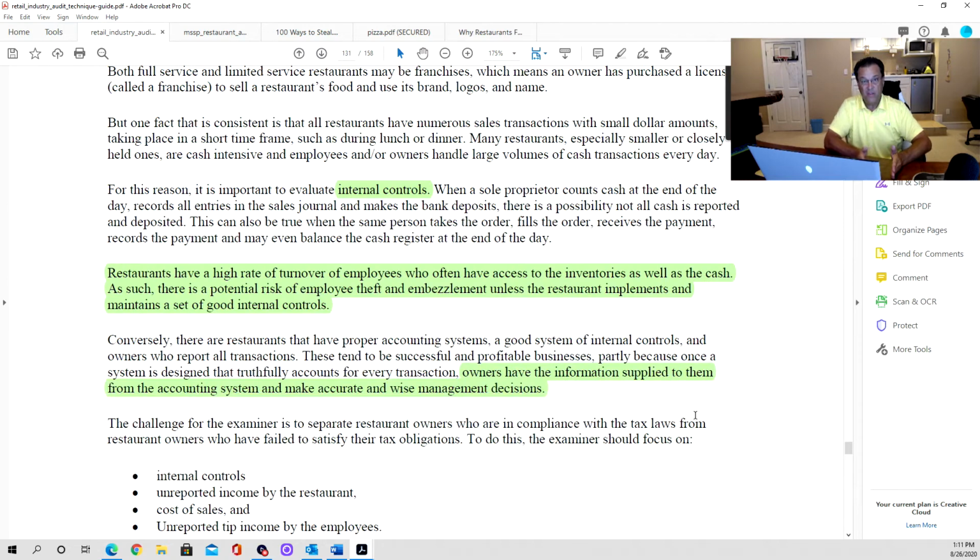So when you move into the independent world, in any retail restaurant, any brand out there, any small business that's a non-franchise, you move away from internal controls, which is very important.